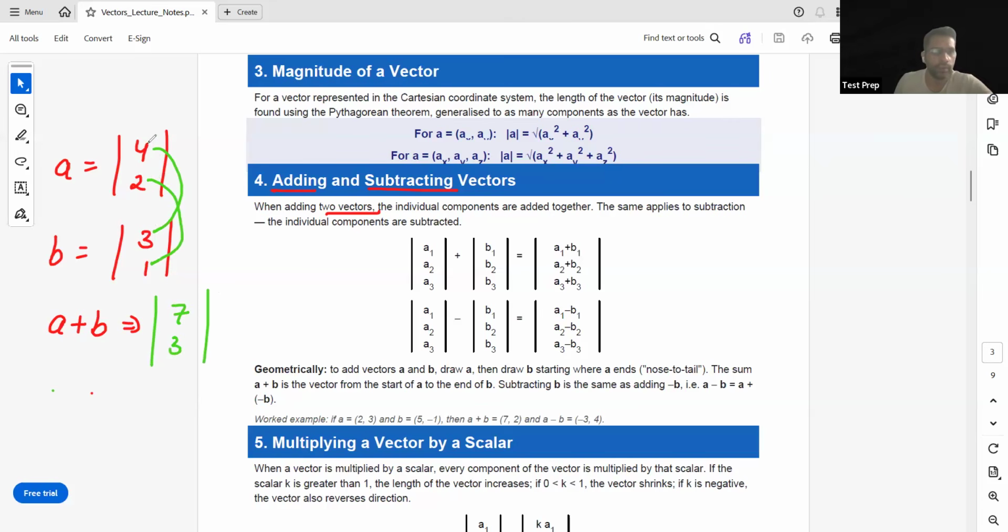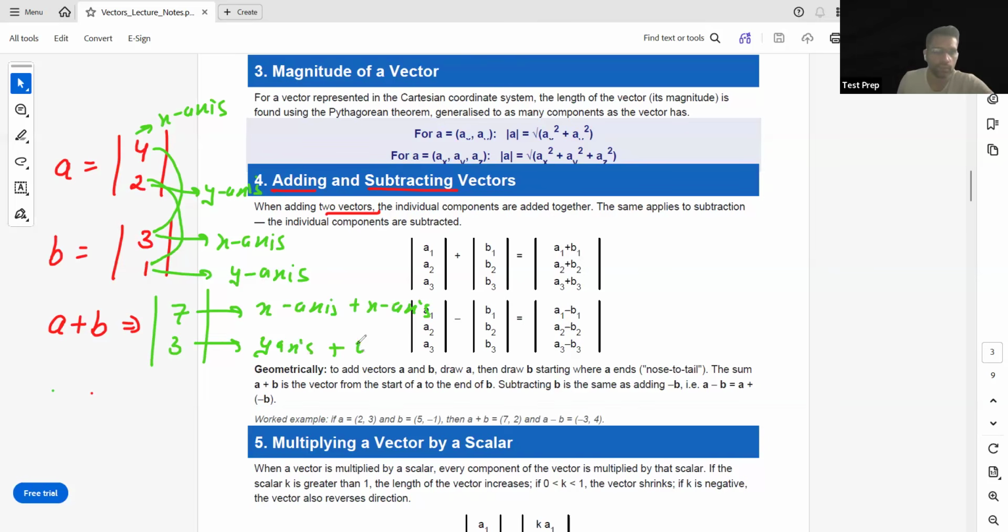We can't add 4 plus 1 or 2 plus 3. So we will only add the x-axis with the x-axis and the y-axis with the y-axis. Getting my point? The same condition will be applied for subtraction.